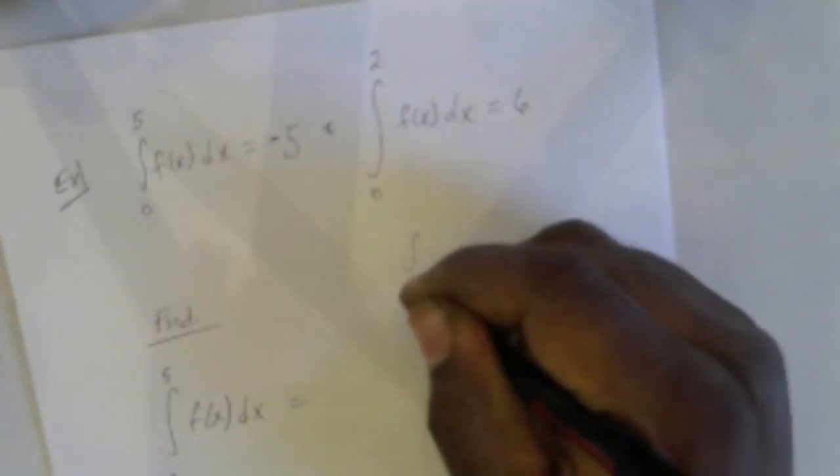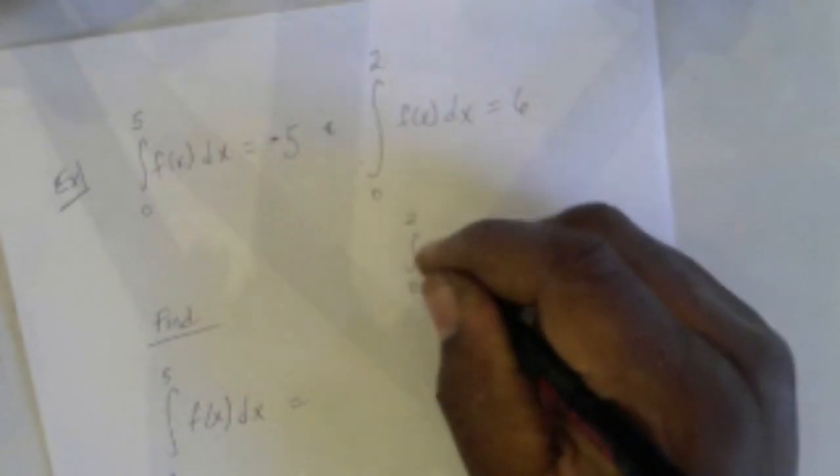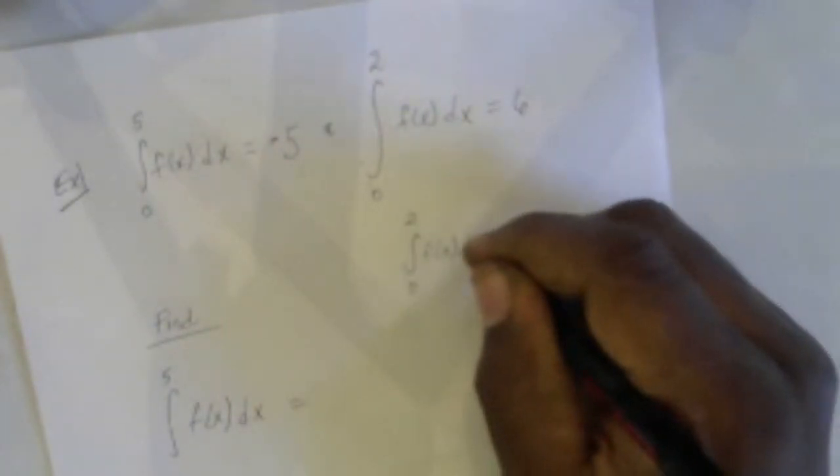The integral from 0 to 2 for f of x dx plus the integral from 2 to 5 for f of x dx should equal the integral from 0 to 5 for f of x dx.